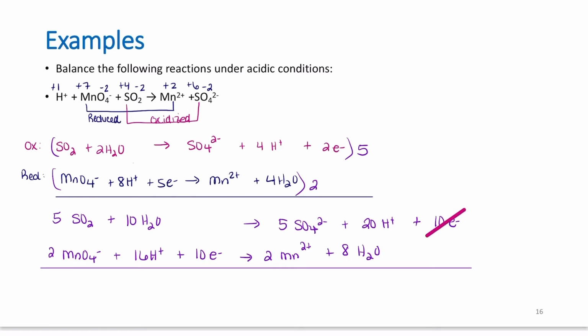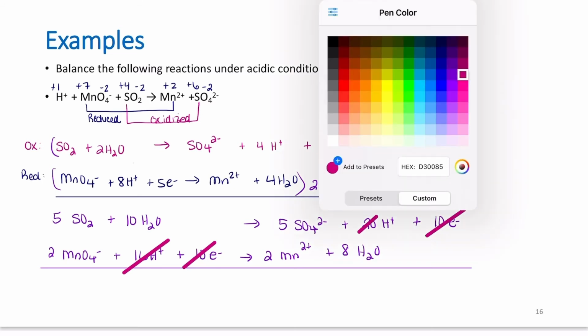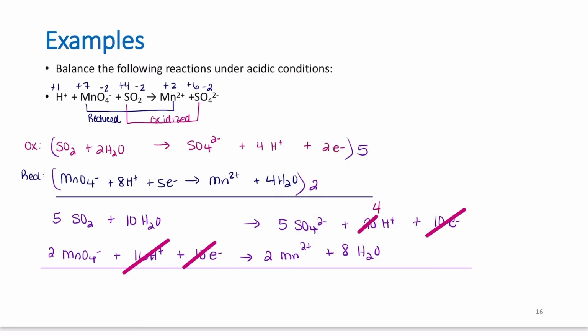So our 10 electrons have officially canceled. 16 protons and 20 protons leaves me with 4 protons. 8 waters and 10 waters leaves me with 2 waters. And it looks like that's everything.